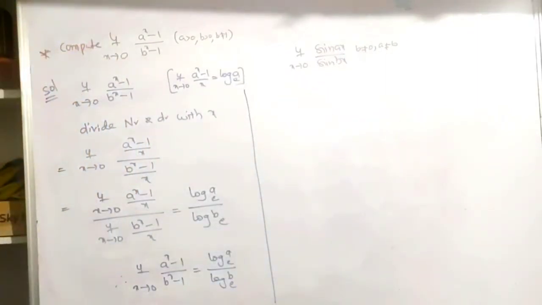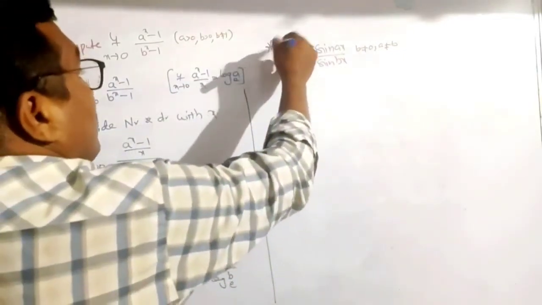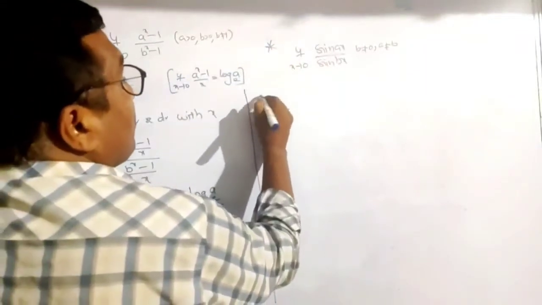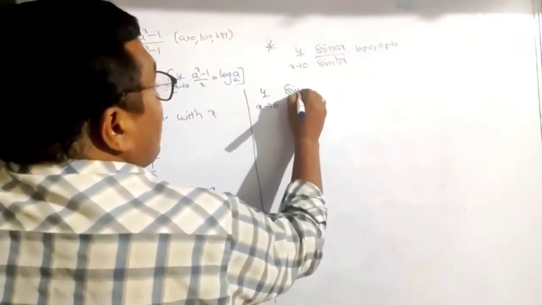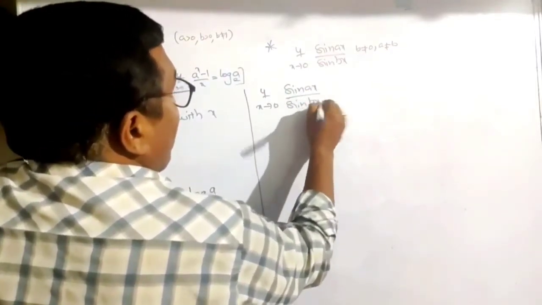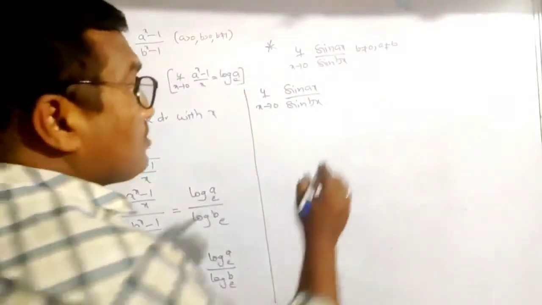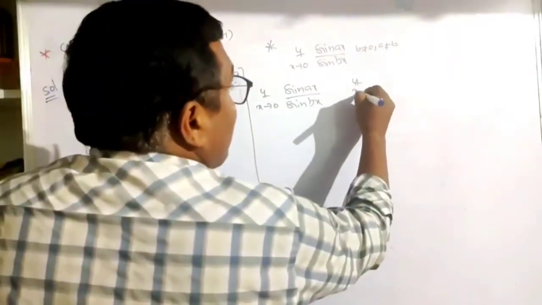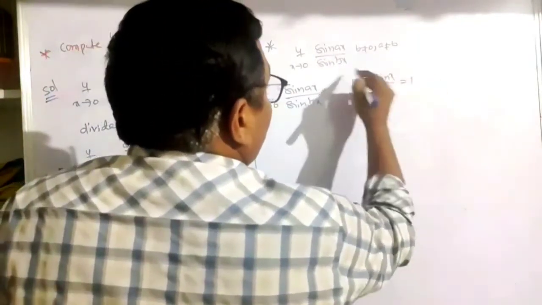Next, see the second problem. Find the value of limit as x tends to 0 of sin ax by sin bx. It is one of the important questions. If you observe here, we have the formula limit as x tends to 0 of sin x by x is equal to 1.